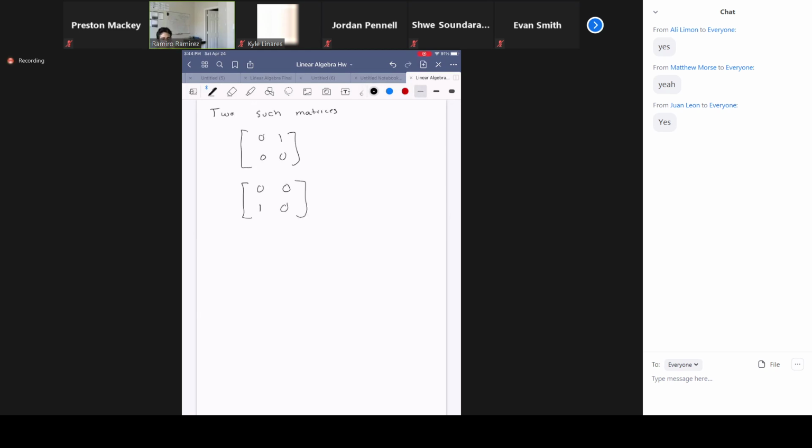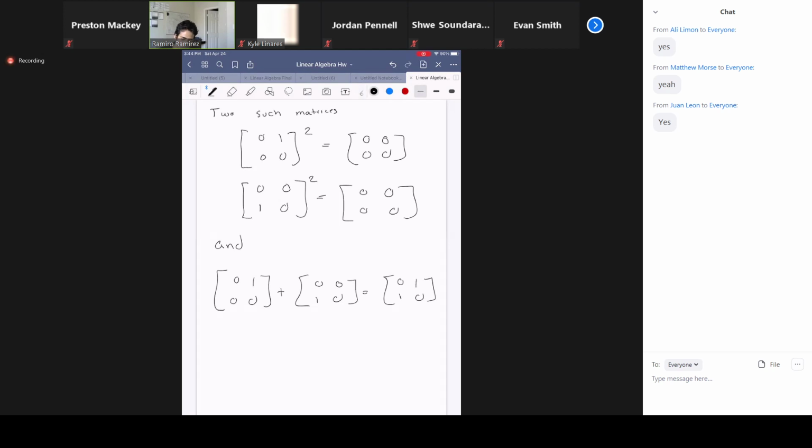Obviously this one squared is equal to the 0 matrix. This one squared also gives me the 0 matrix. And if you add them, this will give me 0, 1, 1, 0.